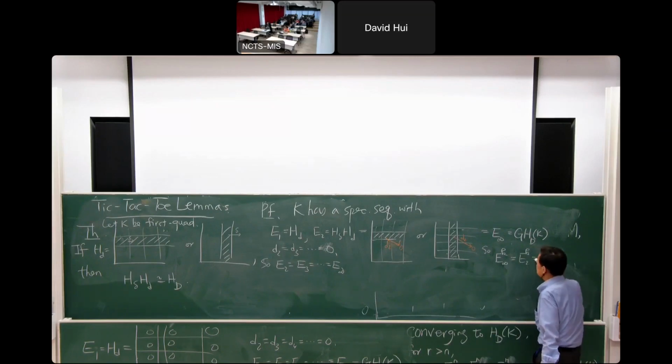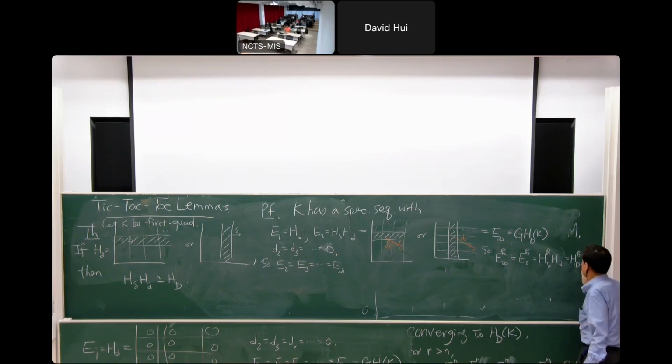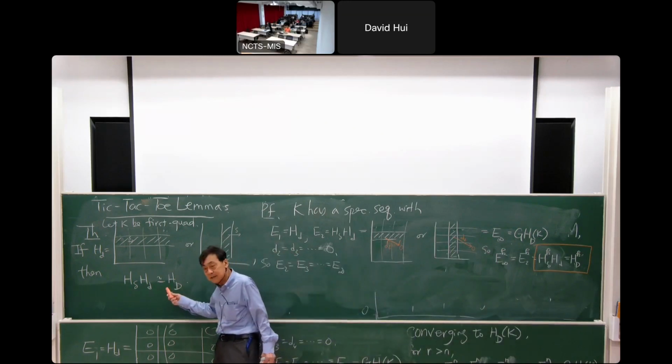And that is going to be H delta HD in degree K. And that is going to be the total cohomology in degree K. So you get this isomorphism.